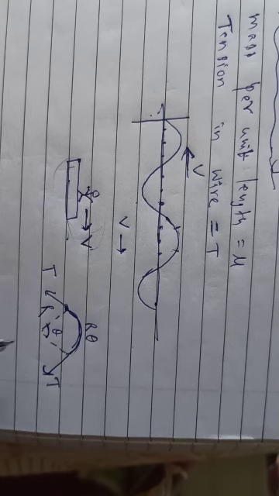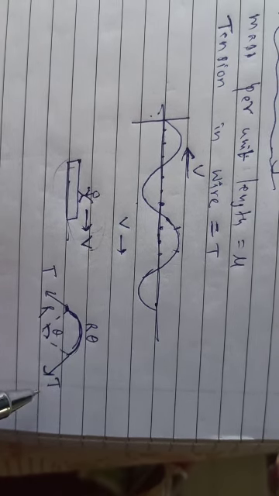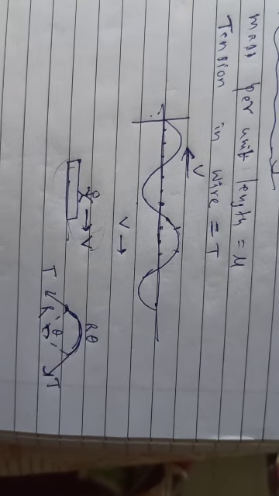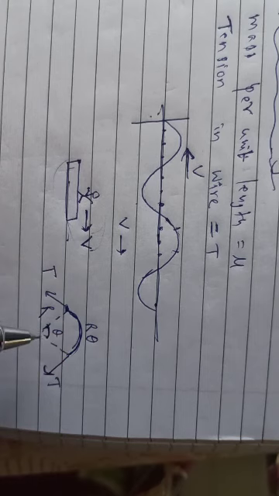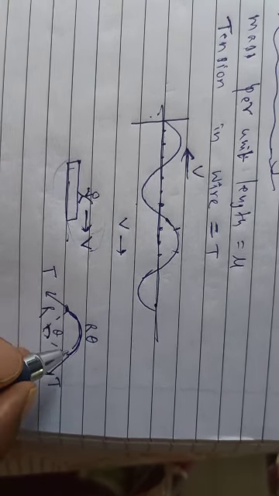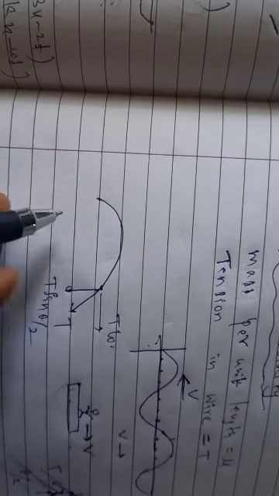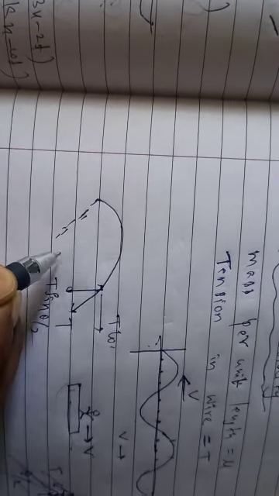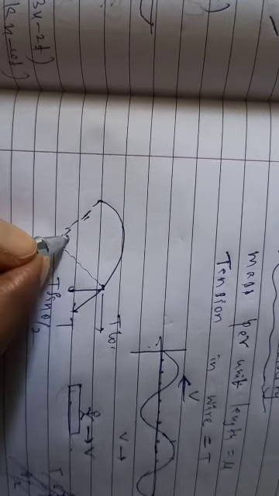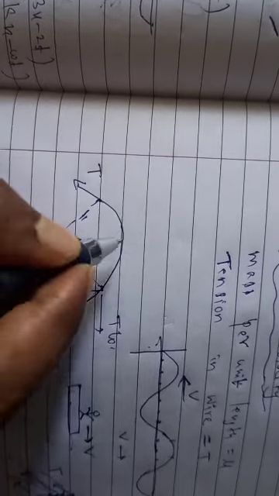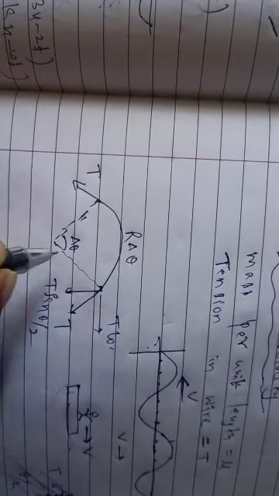To find the resultant force, take the part of the string with angle at the center del theta, and this length is r del theta.